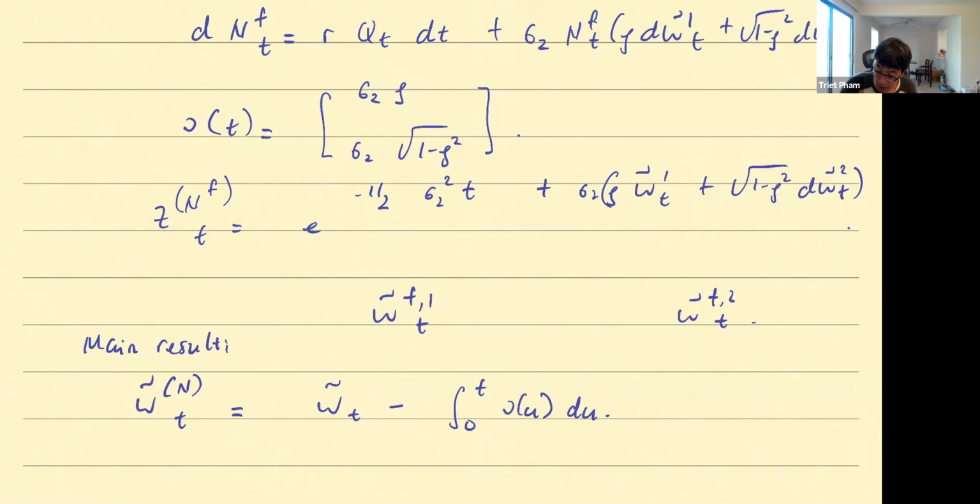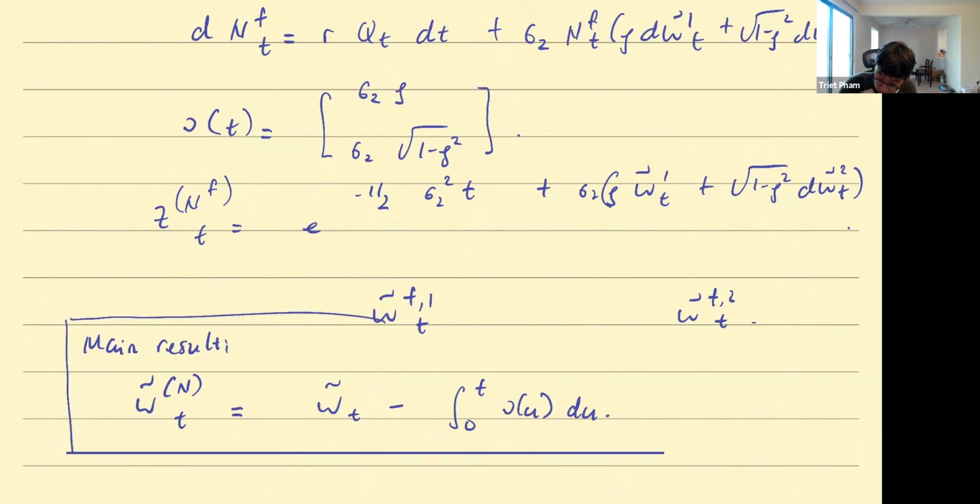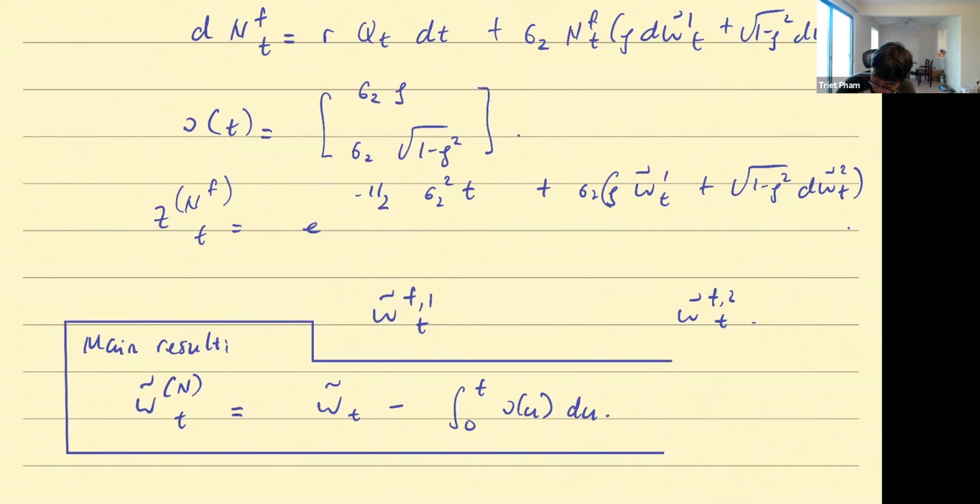So that, if you will, is how we chase the drift from the risk neutral probability to the new setup.